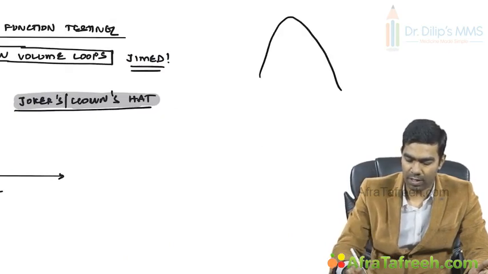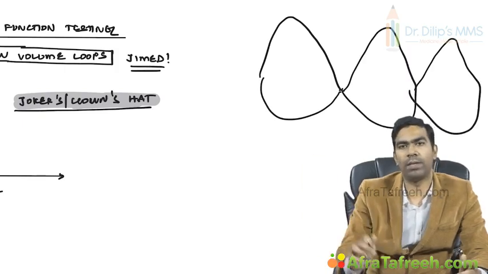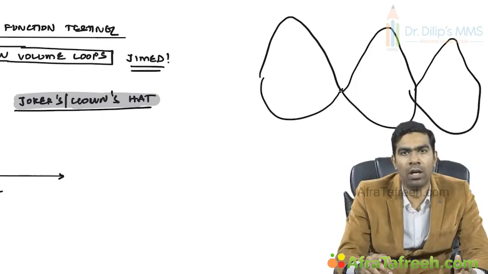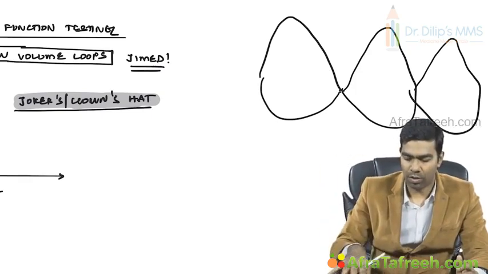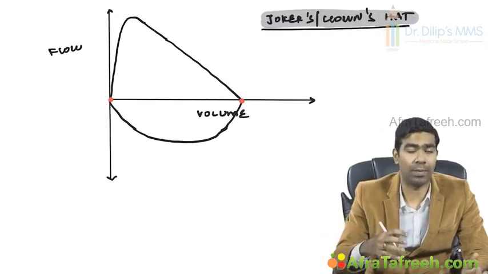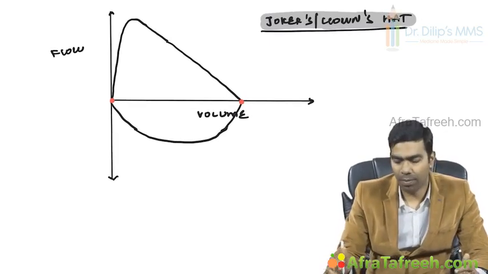You will get many similar curves like this, so you're going to form multiple curves, a series of breaths in a flow volume loop. I'm showing one curve as an example. The normal appearance is going to be the joker's hat or the clown's hat appearance.